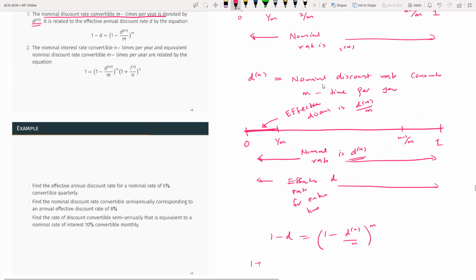We know that if we have the effective rate, then (1 plus I) times (1 minus D) equals 1. And we also know that 1 plus I, the effective rate, is (1 plus I^(N)/N) to the N. And then 1 minus D you can write this way. So you can substitute those and you can get this nice second equation.